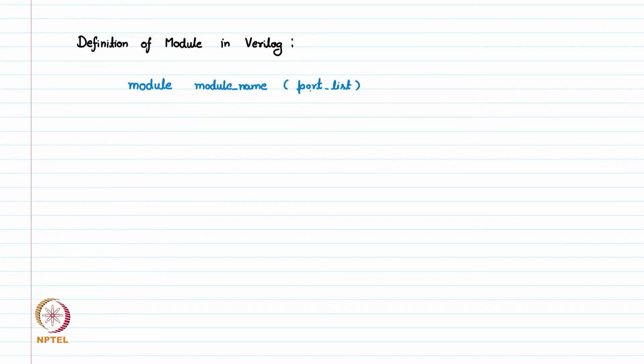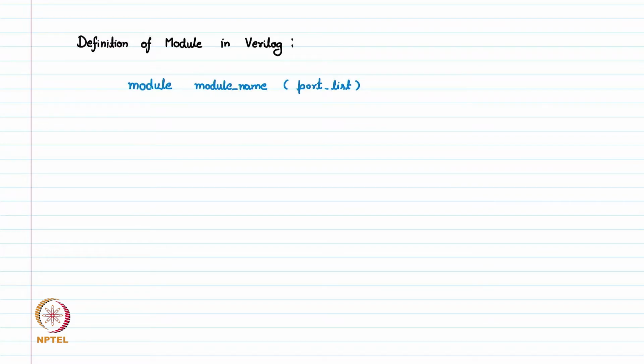So, this port list is nothing but the set of input and output pins which this module entity has. For example, if we talk about a 2 input NAND gate, then we will write module, then NAND underscore 1 or underscore 2, whatever. We can implement more than one NAND gate.